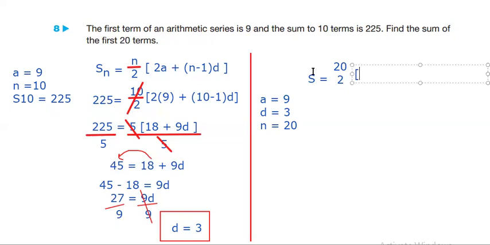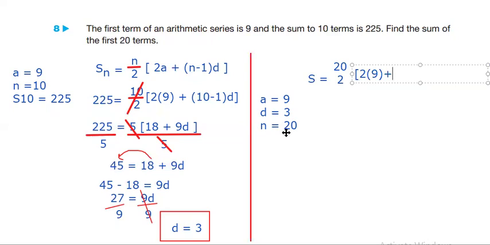I'll put it here. So 2 multiplied by the a, which is 9. 2 times 9. And then plus the n, which is 20 here.